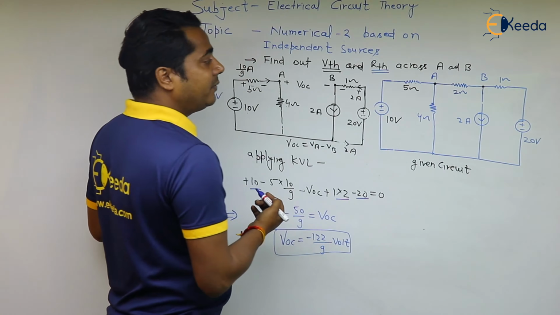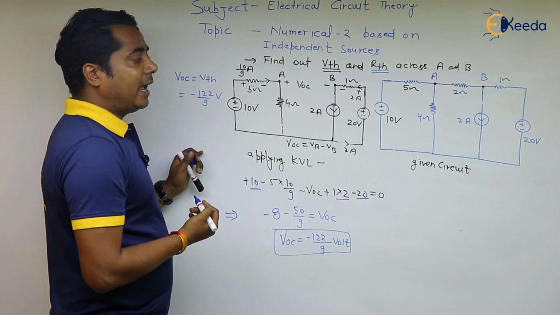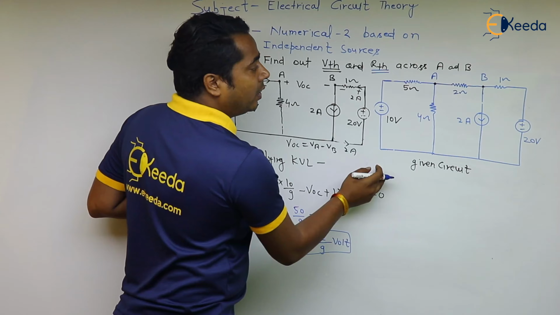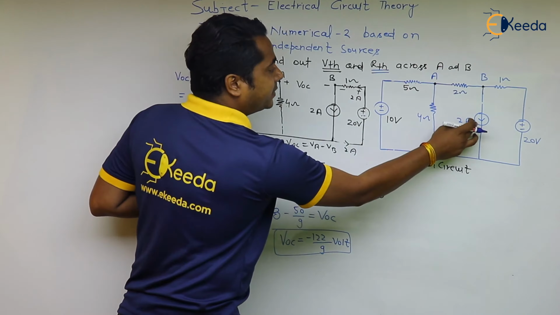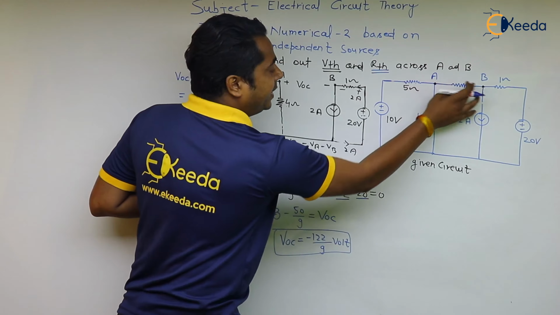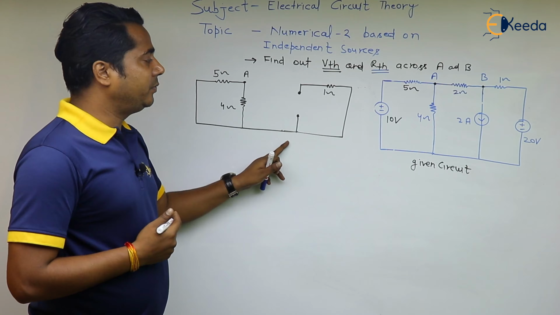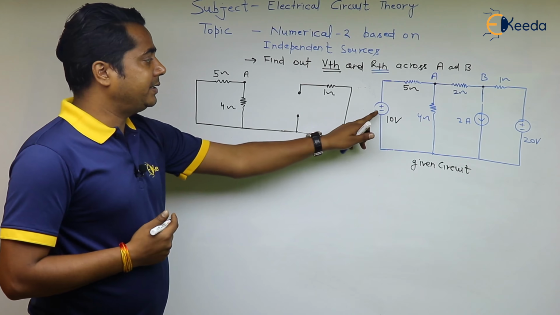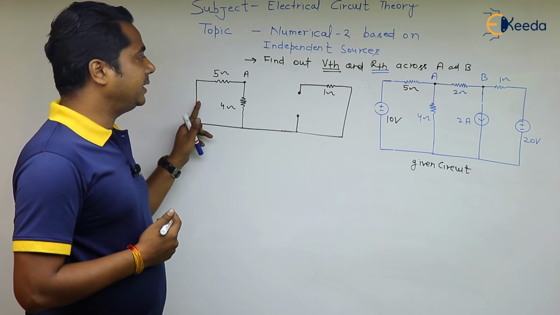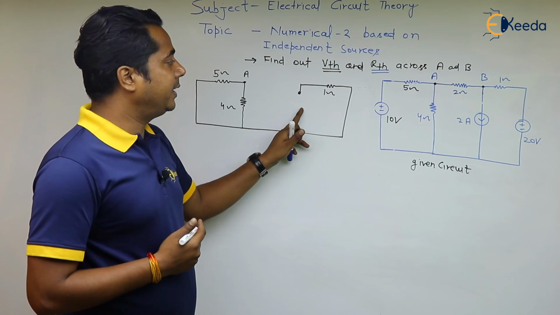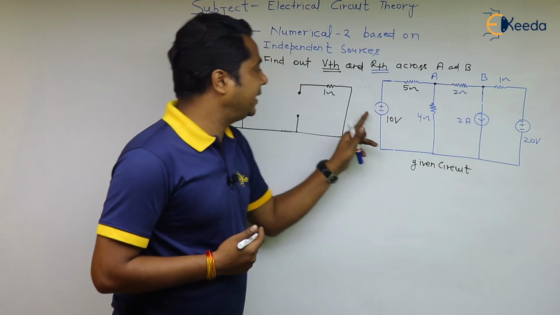While calculating the value of RTH, we will have to short circuit this voltage source and open circuit this current source across AB. Here we draw an equivalent circuit to calculate the value of RTH. We short circuited this voltage here, we open circuited this current here, and we short circuited this voltage here.